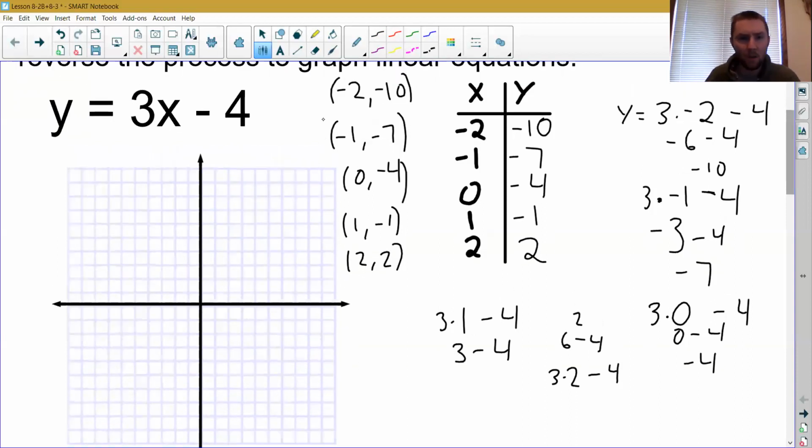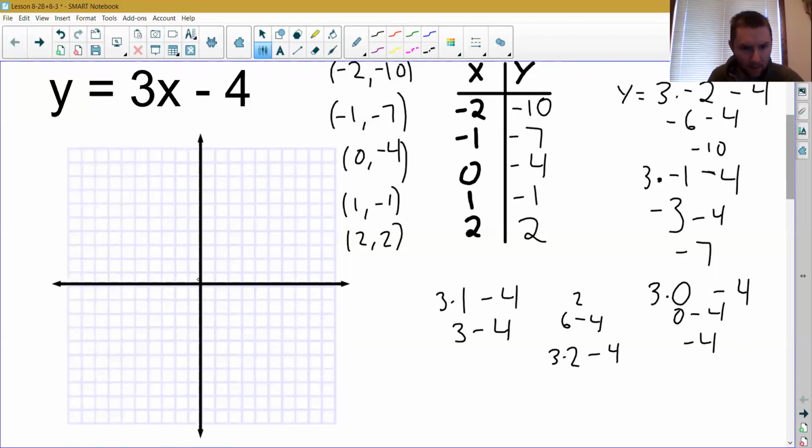So I'm going to put these coordinate points on my graph. I go -2 in the x first. That's right there. -2 and -10. So 1, 2, 3, 4, 5, 6, 7, 8, 9, 10 is all the way down here. That's my first coordinate point, -2, -10.